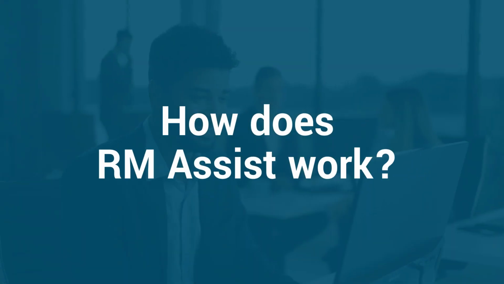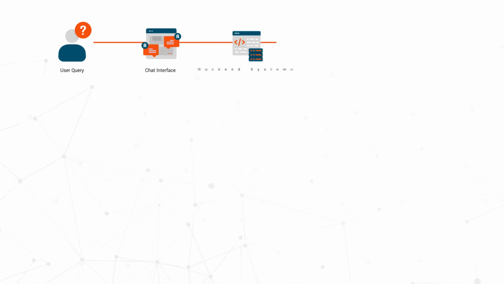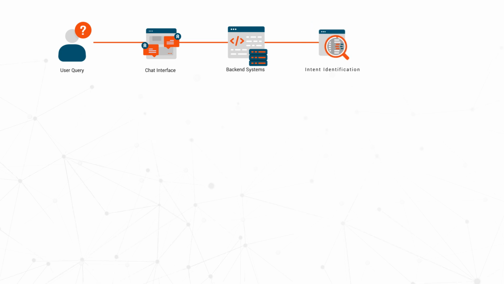So how does RM Assist work? It starts with a simple query from the relationship manager typed into the chat interface. The query is then transmitted to the back-end systems, where advanced language models, LLM, identify the intent behind the request.